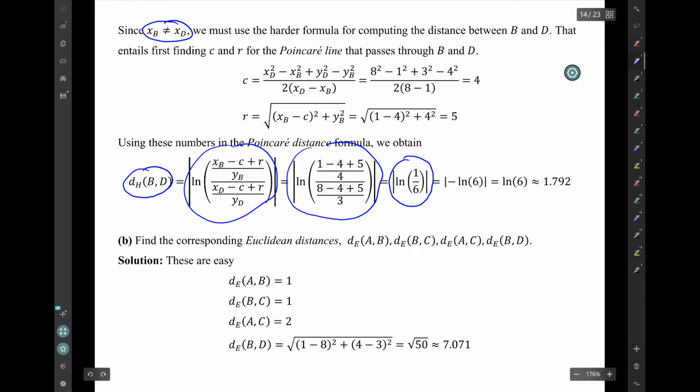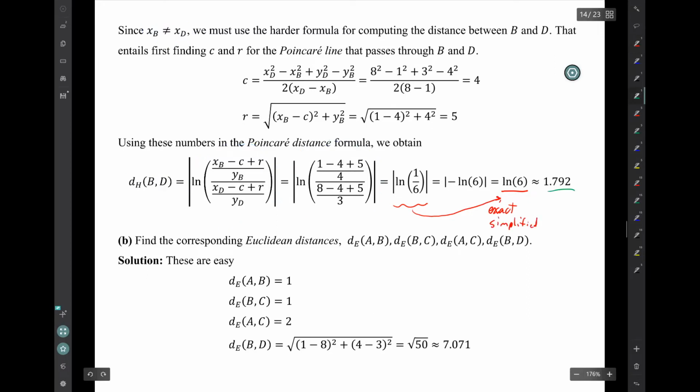So this expression simplifies to this expression, and that simplifies to this. The exact simplified answer is just ln of 6. So again, there's a few steps of simplifying to get from here, which is what you get from the formula, to here, which is the exact simplified answer. And the decimal approximation is 1.792.